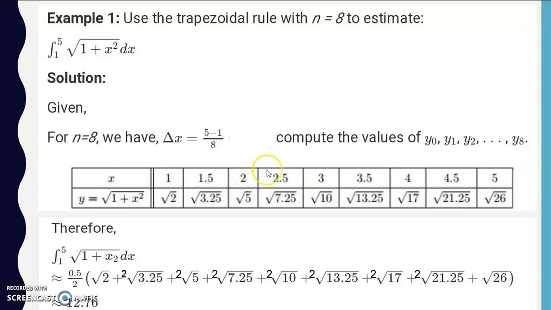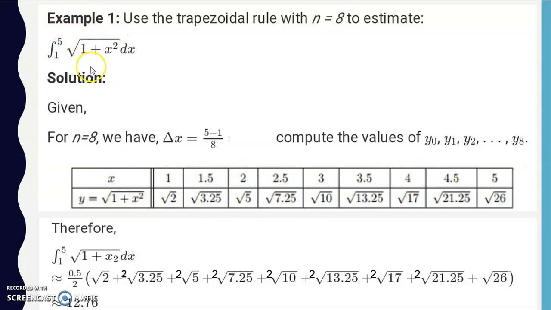Then 2 plus h, 2.5. 2.5 plus 0.5, 3. Then 3 plus h, 3.5. 3.5 plus h, 4. 4 plus h, 4.5. 4.5 plus h, 5.